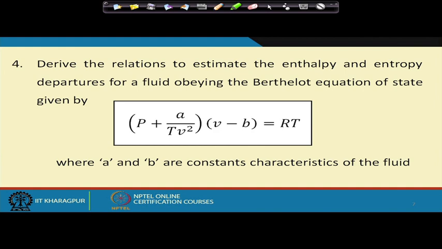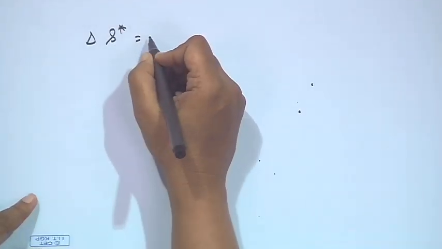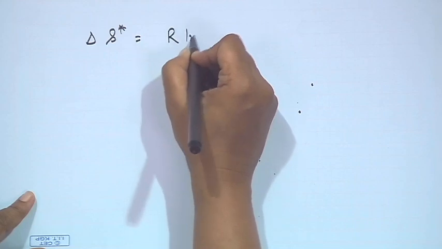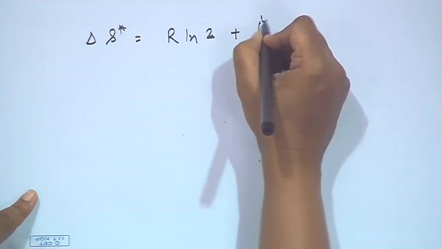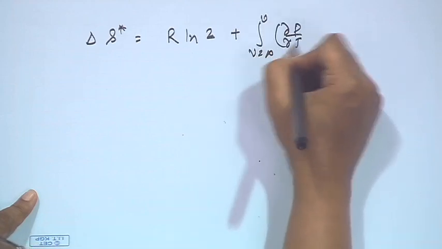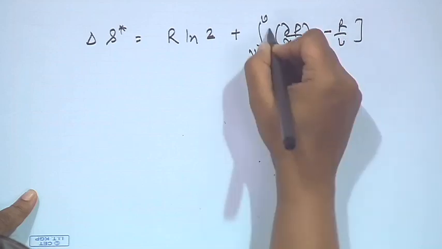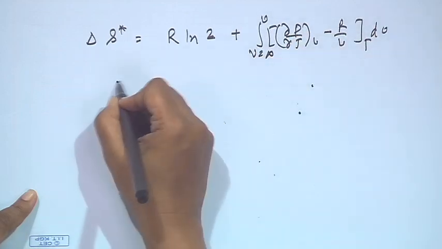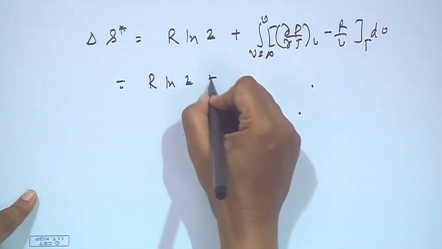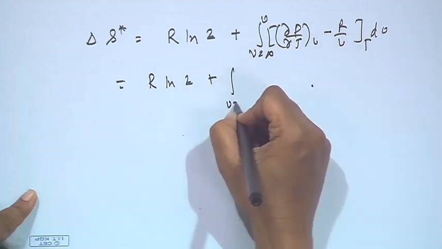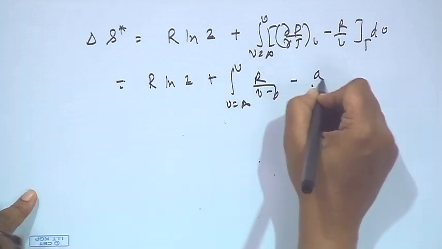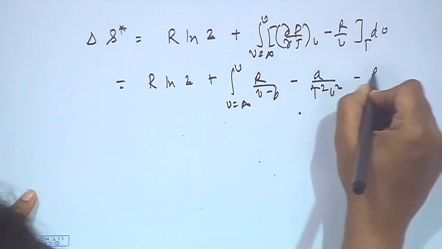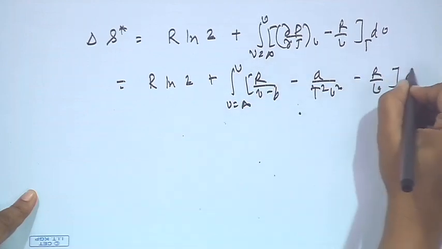For the entropy departure function, again I start with the same equation which I had derived. The equation was R ln Z plus the integral from infinity to V of del P del T at constant V minus R by V at constant T, dV. In this particular case, if you substitute all these things, you get the integral from infinity to V of R by V minus B minus A by T square V square minus R by V, into dV.